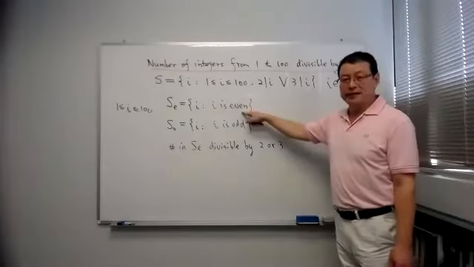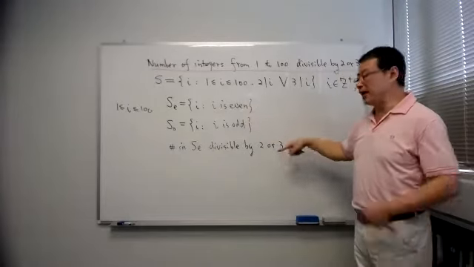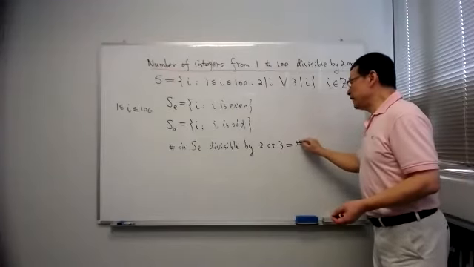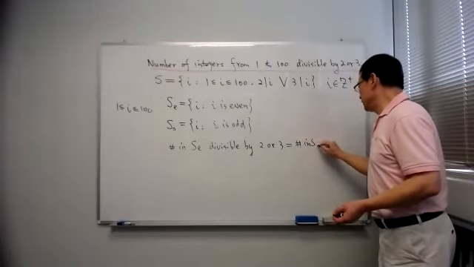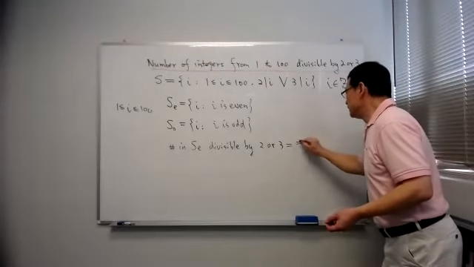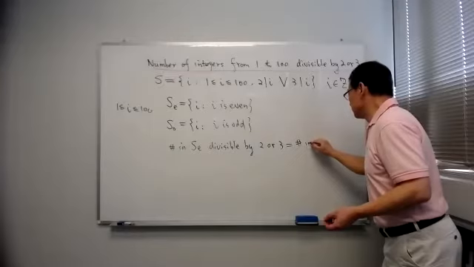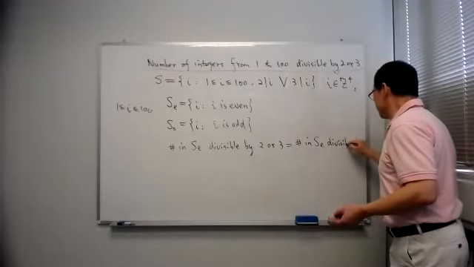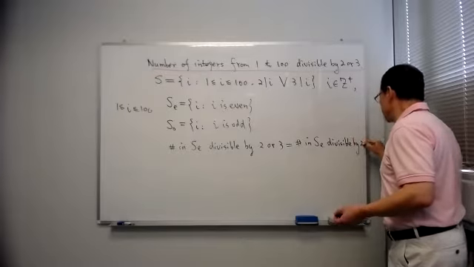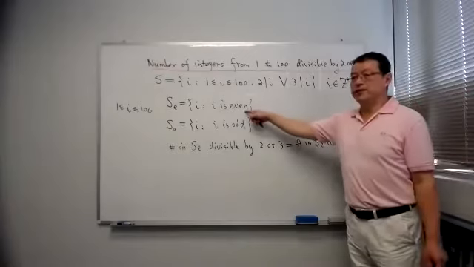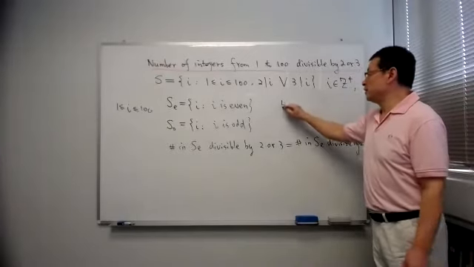Because these are odd numbers, they can never be divisible by 2. So it is exactly the same as the number of elements inside here divisible by 3. And for the even numbers, which are all divisible by 2, it is exactly 50.